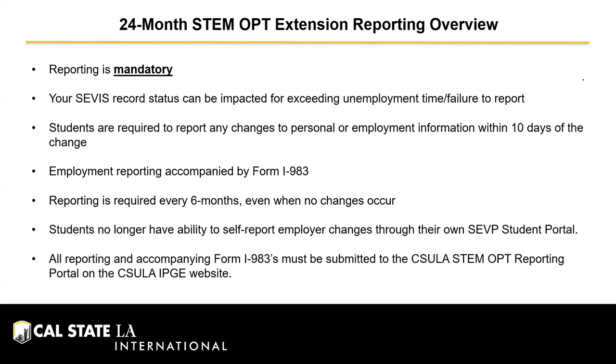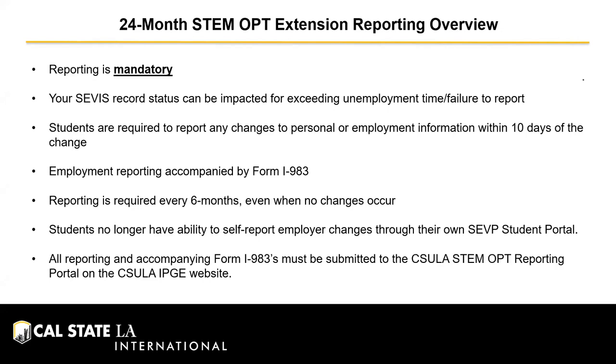Next, employment reporting accompanied by Form I-983. So the Form I-983 is required when you are making changes or reporting your employment information. So early on in your application process, you became familiar with the Form I-983.